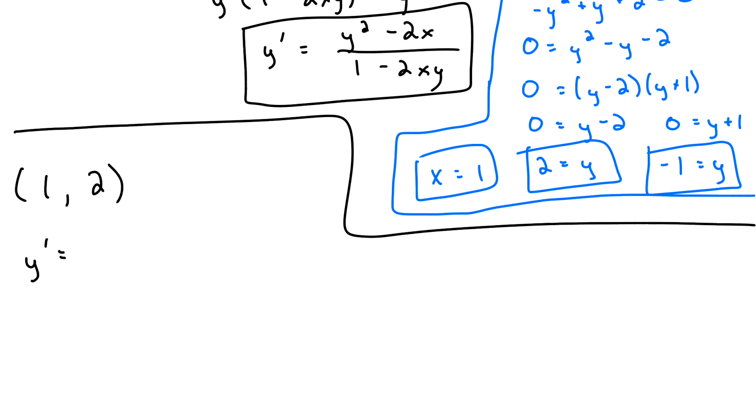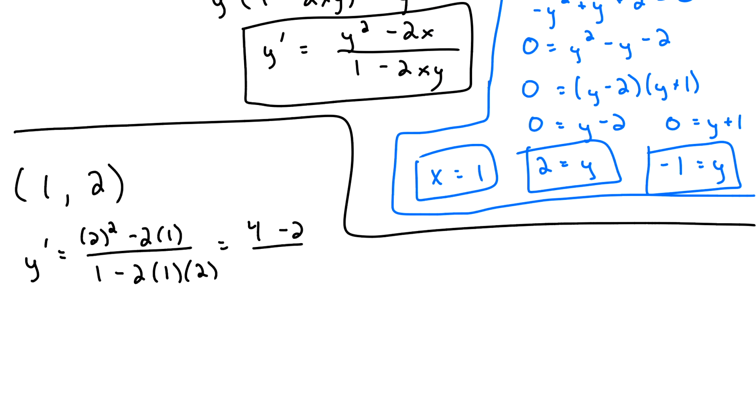So y prime is y squared, that's 2 squared, minus 2 times 1, all over 1 minus 2x, that's 1, times y is 2. So let's see, here I've got 4 minus 2, all over 1 minus 4. Looks like this is going to simplify to be 2 over negative 3, or negative 2/3. Remember, this is the slope of my tangent line.